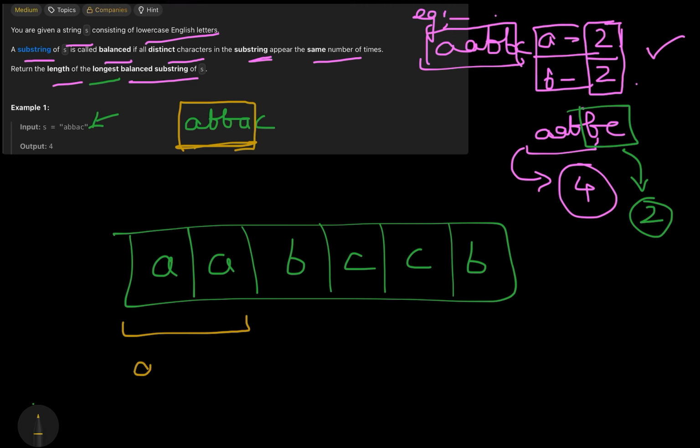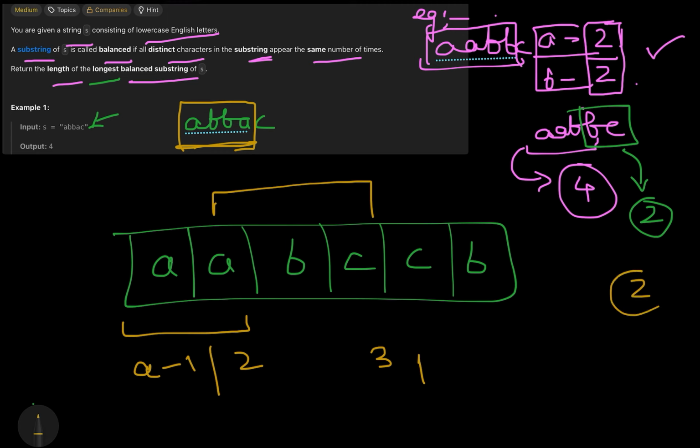It could be this one. See, here the distinct letters are 1 and the frequency is 2. Here in this one, the distinct letters are 3 and the frequency is 1.